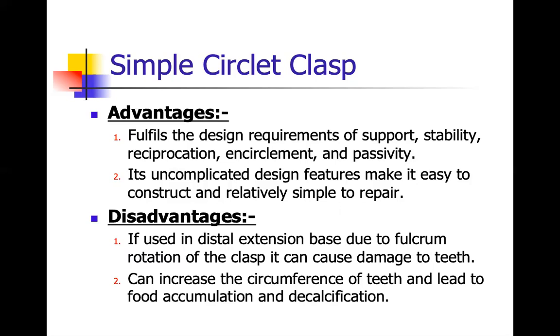Its uncomplicated design features make it easy to construct and relatively simple to repair. The disadvantage of the simple circlet clasp is that if it is used in a distal extension base, then rotation of the clasp at the fulcrum can cause damage to the abutment.